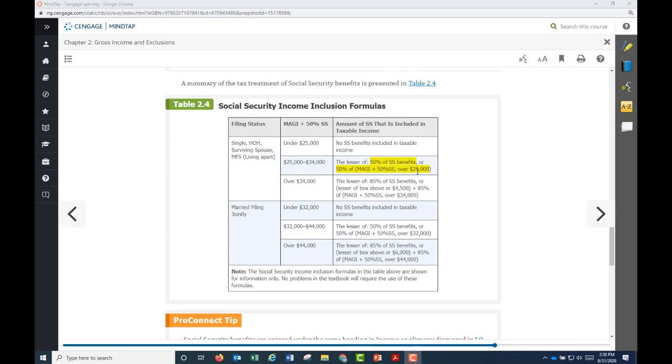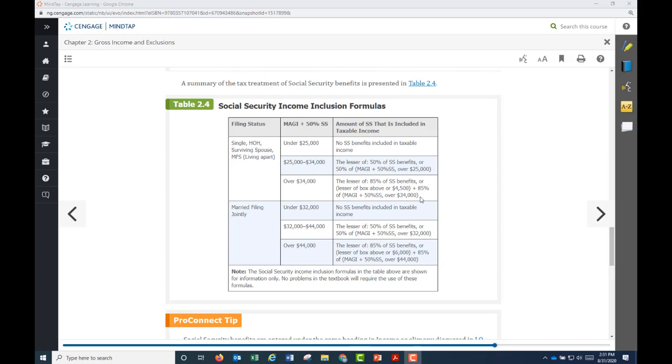So it's the lesser of either of the two. Now, if it's over $34,000, then it's the lesser of either 85% of Social Security benefits or the lesser of the box above, which is here, or $4,500 plus 85% of the MAGI plus half of Social Security benefits that's over $34,000.